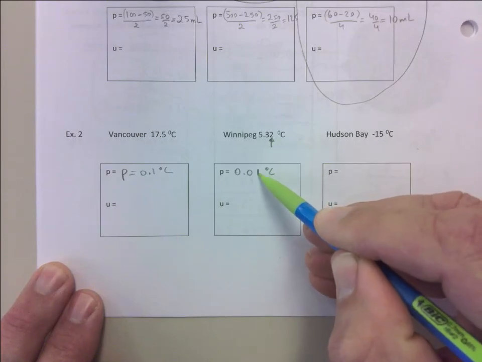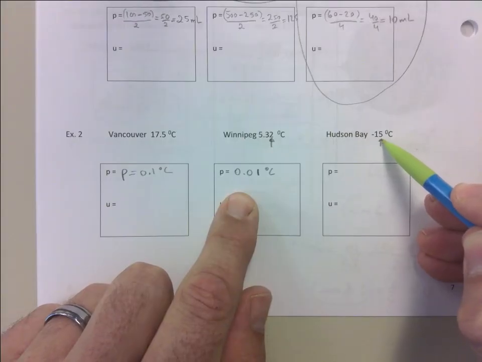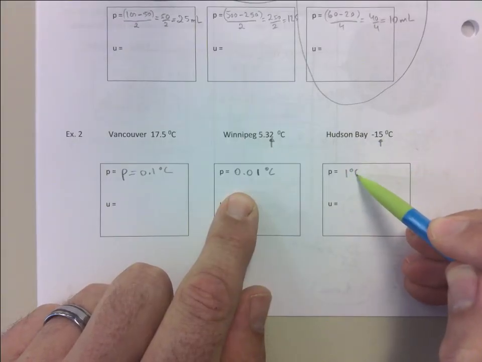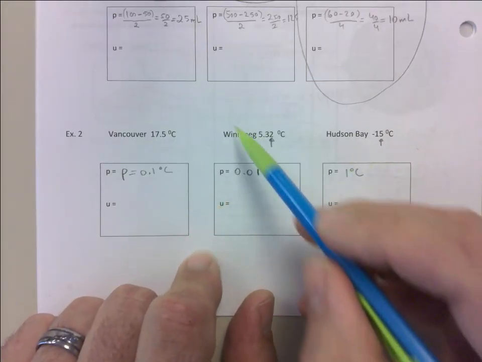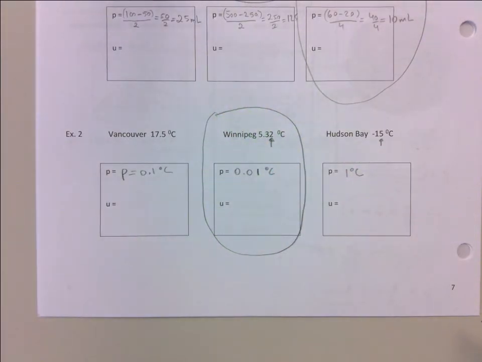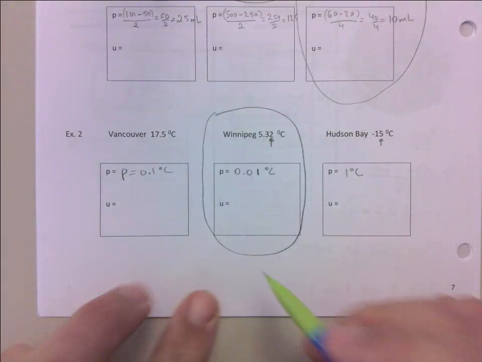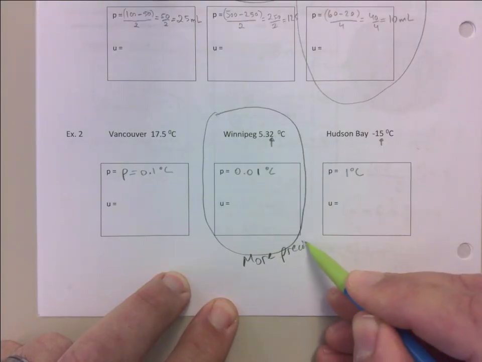That's why you put a 1 on the second decimal. And then Hudson Bay is a full degree Celsius. So in this case, whatever thermometer was used to measure Winnipeg's temperature would be considered more precise.